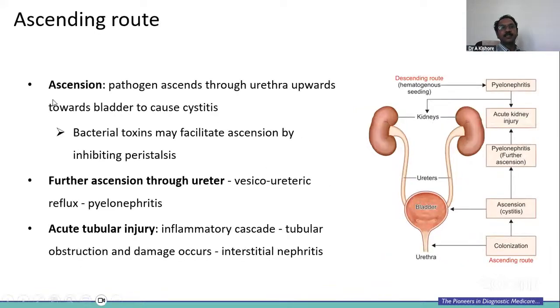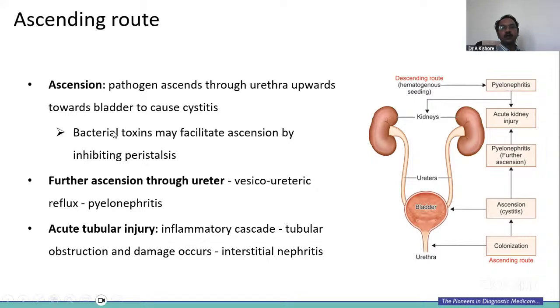Later, extension occurs: the pathogen ascends through the urethra upwards towards the bladder and causes inflammation of the bladder, which you call cystitis. Bacterial toxins may facilitate the ascension by inhibiting peristalsis. Further ascension can sometimes occur, entering the ureter through vesicoureteric reflux, and even entering the kidney, causing pyelonephritis.